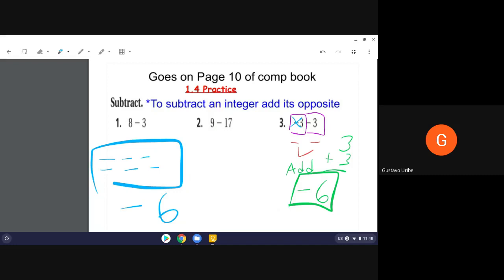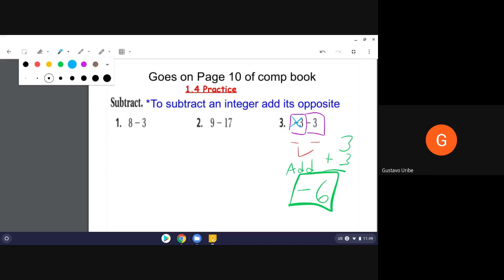The other explanation I can think of would be a number line. So if I was to erase this, we could draw a number line.